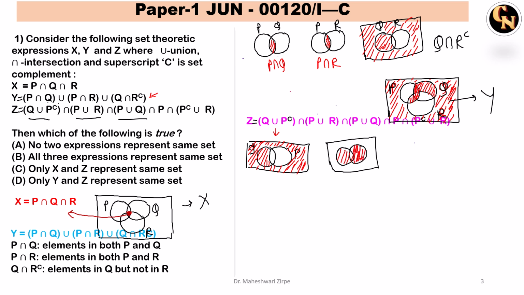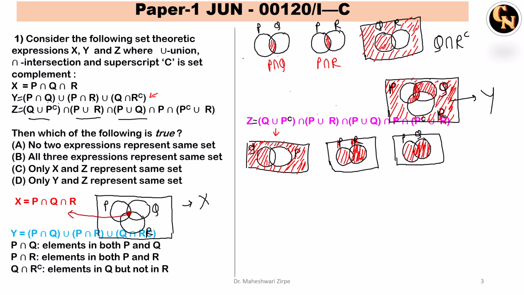So this is my P and this is my R. The next is P union Q. Again it will be the same as P union R, so it will represent both P and Q together. So this is P and Q both.